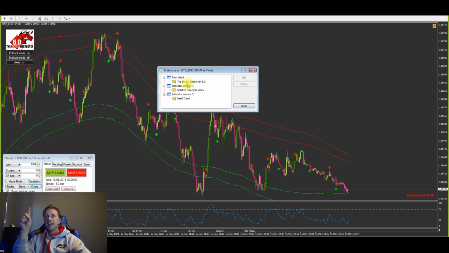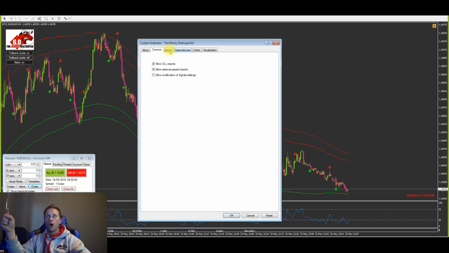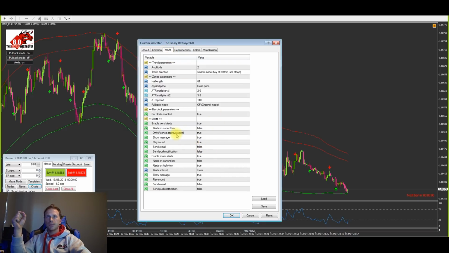Now, this is the little trick with trading the AND strategy. You have to turn on an alert that gives us a trade that meets the rules. So it's this one here, only if zone approved signal. What this basically means is every time an arrow pops outside the zone, it will give me an alert only when that happens.